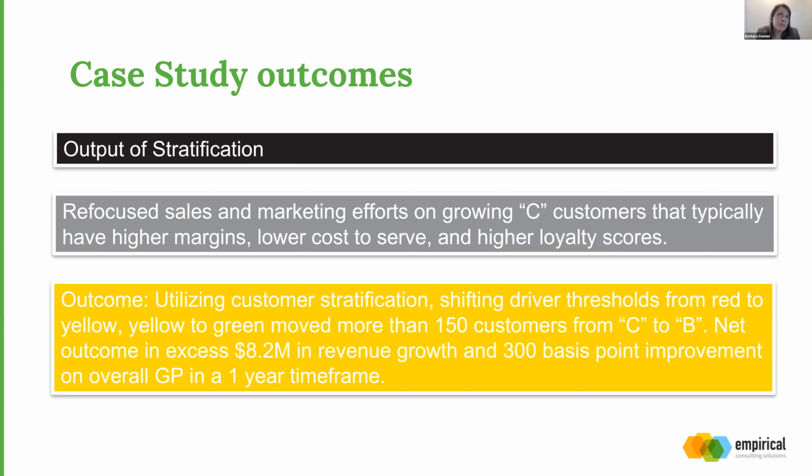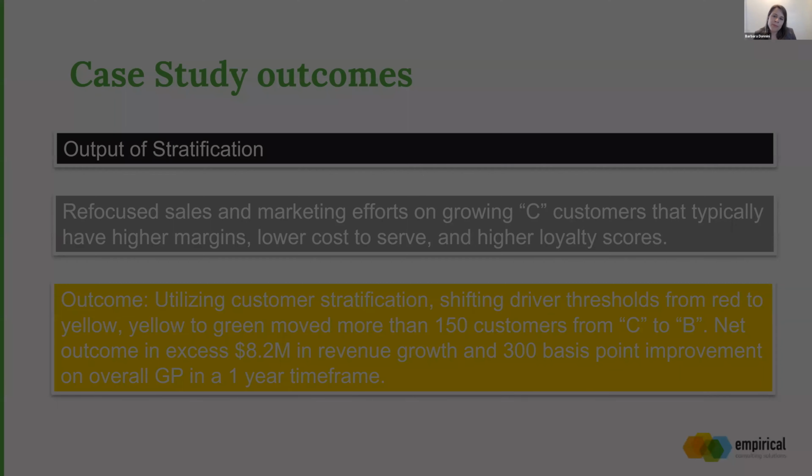This paid dividends pretty quickly, with improvements in both top-line revenue of $8.2 million for this group, and also in margins, which increased by 300 basis points over just 1 year. That kind of improvement in both top line and bottom line is not easy to achieve in a year, and it was really this focused stratification approach that allowed it. It was instrumental in getting them there.